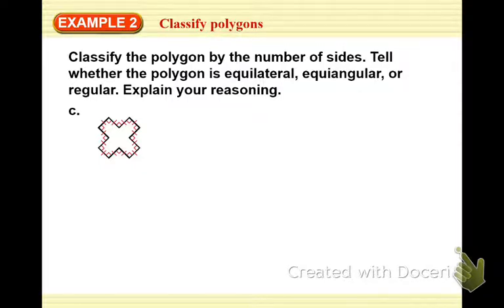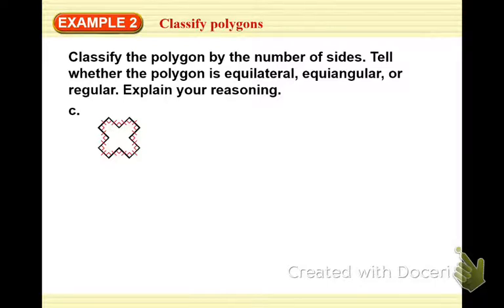Is this polygon equilateral? Yes. All the sides have one tick mark. It's got 12 sides. They all have one tick mark. Is it equiangular? Yes. All right. They tricked you. These boxes mean they're 90 degrees. But these are outside of the shape, right?